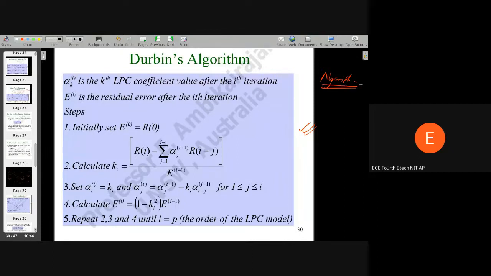This is the method by which you can find those LP coefficients without taking the inverse. There is a set of equations that has to be followed in an iterative manner. So let's see this using an example.